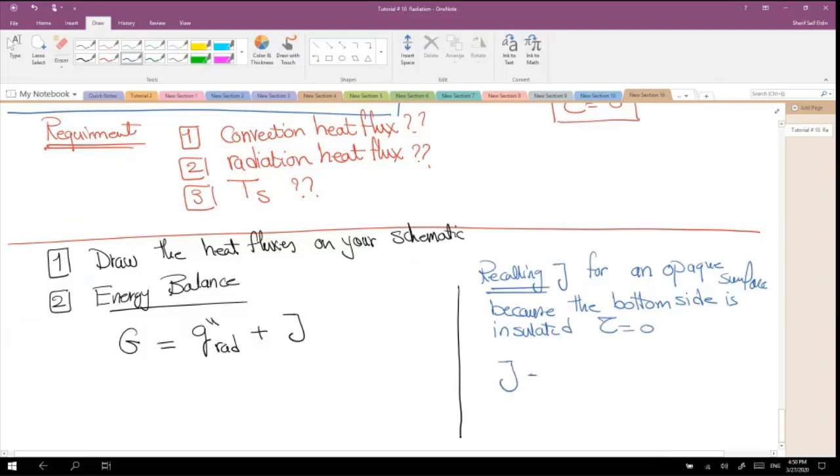So J for an opaque surface was E plus G reflected plus G transmitted.